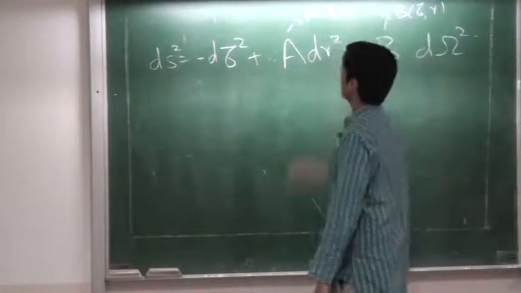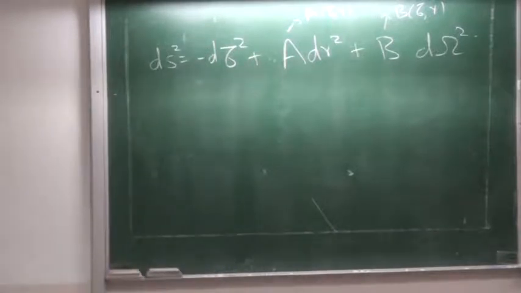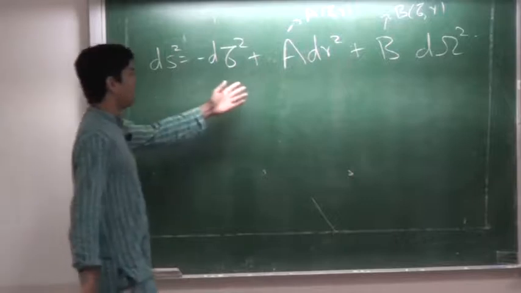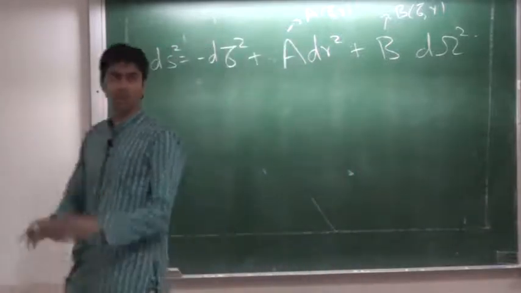But I won't write this dependence. It's understood. This is again a metric that has spherical symmetry. But it's a different choice of coordinate system from the one we made yesterday. And these a's and b's, by the way, are not related to the a's and b's I wrote yesterday. They're just some other a's and b's.